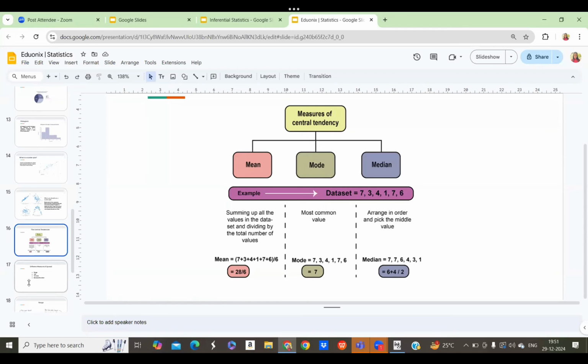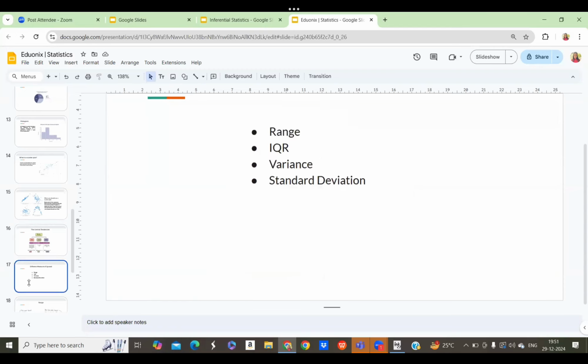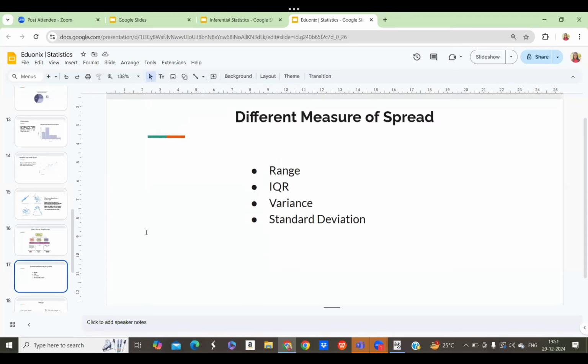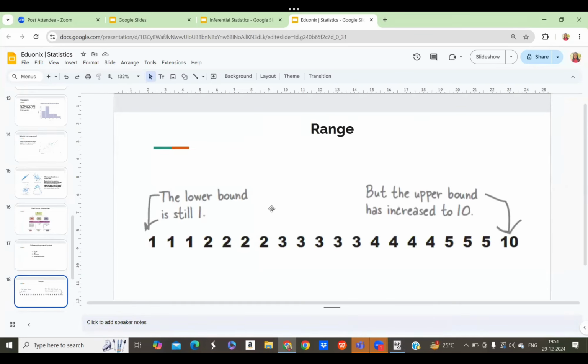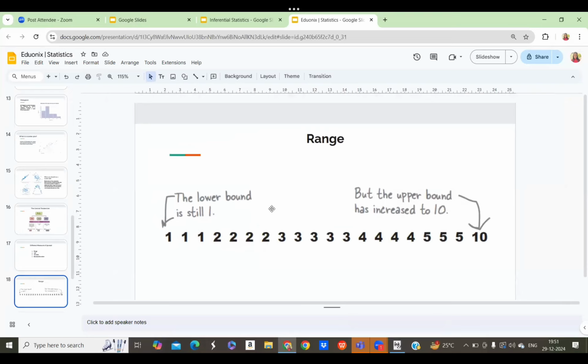We're moving to the next one. There are a few more things we need to learn that come under measures of spread. One is range, one is interquartile range, one is variance, one is standard deviation. Now these are very simple things. Let's learn one by one. First one is range.